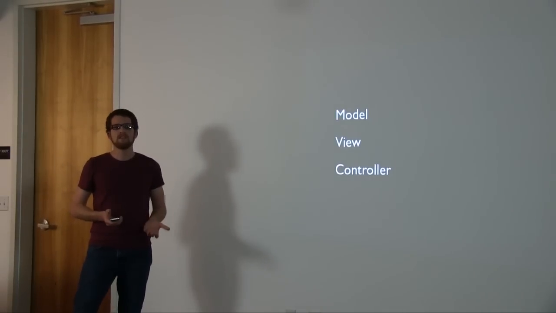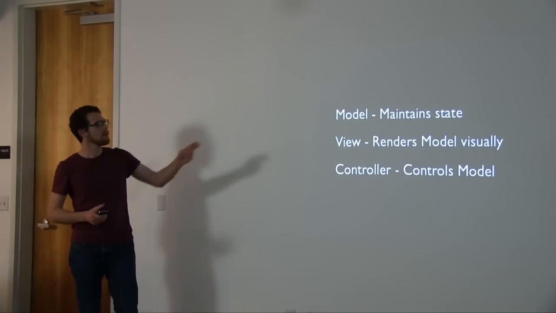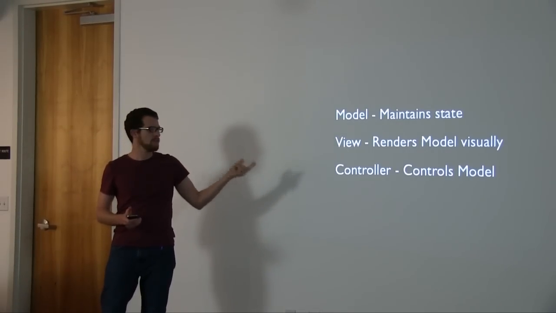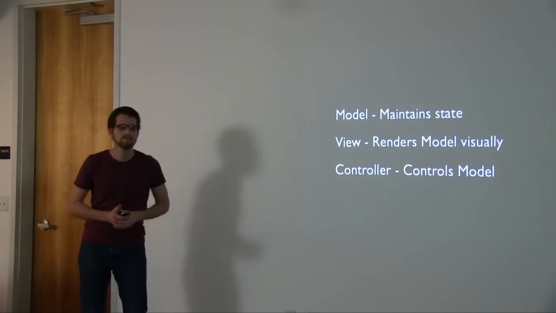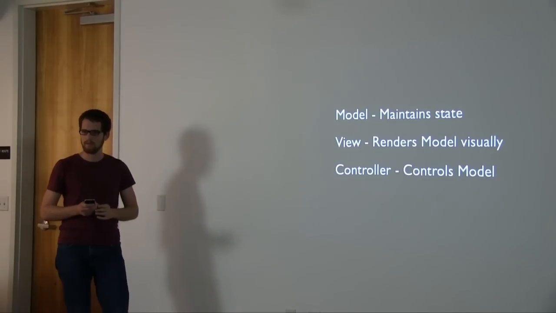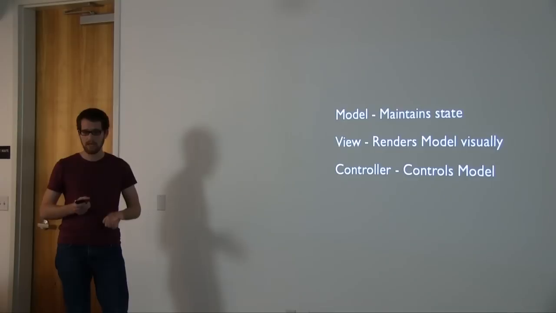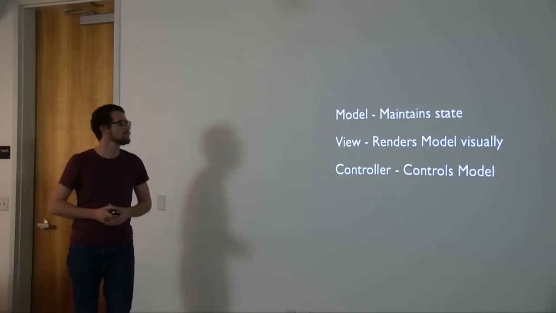So what is MVC in the context of an animation? A model maintains a state. The view renders the model visually, and the controller just controls the model. It's a little bit different from an architecture standpoint for an application, but it's pretty similar.